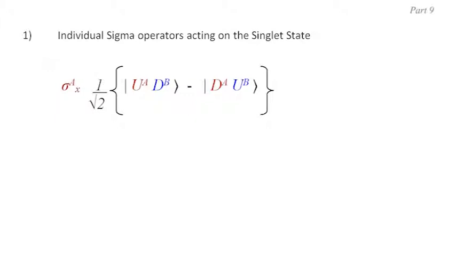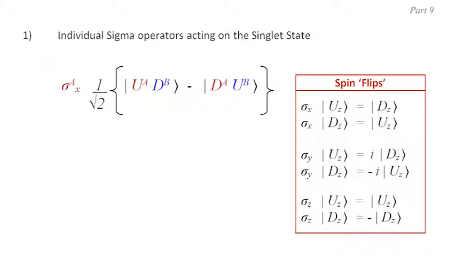Early on I said that it was important to know what the sigmas do to the basis states for the single electron. That is what we need here. Here is the table that we had in that situation. You should recall how to interpret these relationships and transfer them from the single electron situation to this entangled pair.